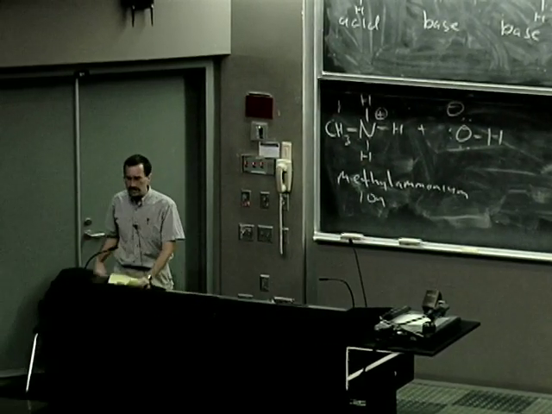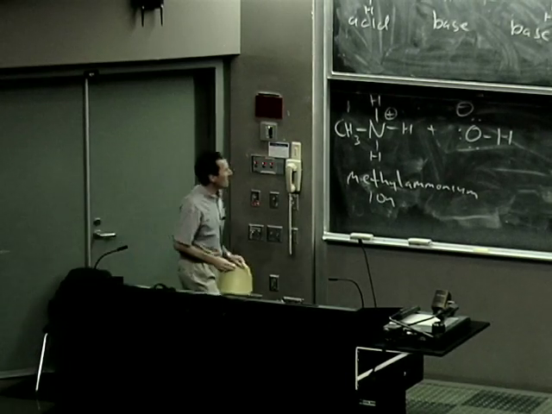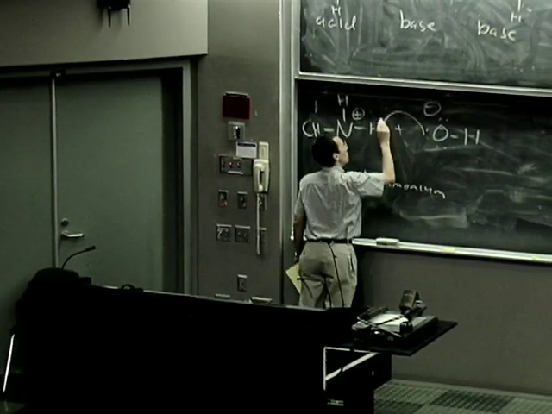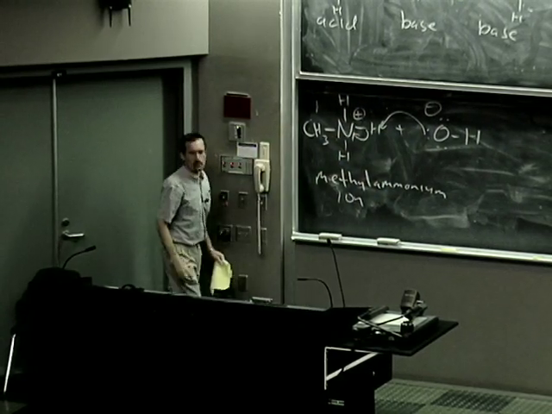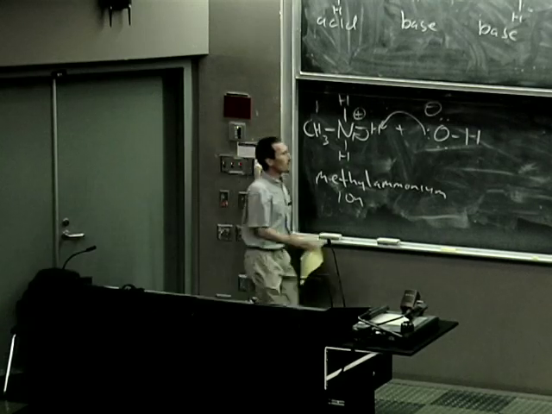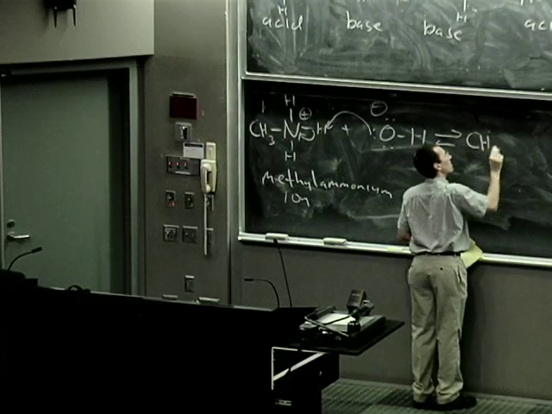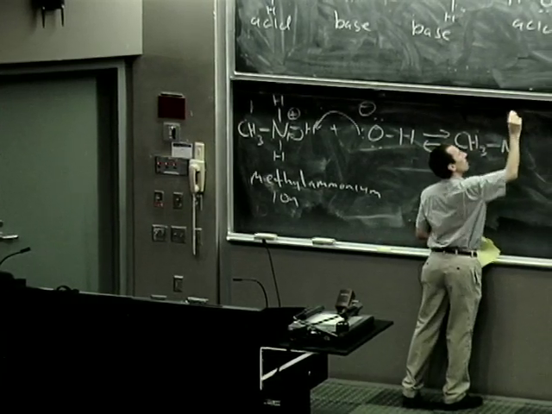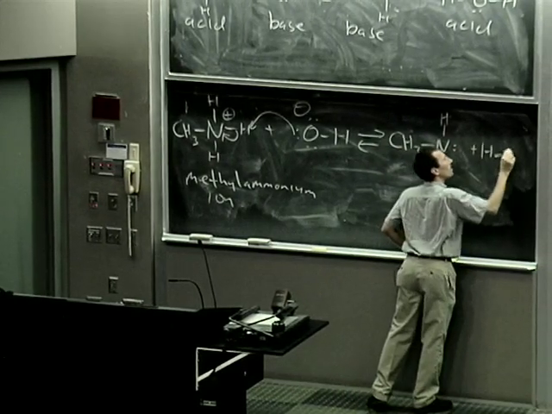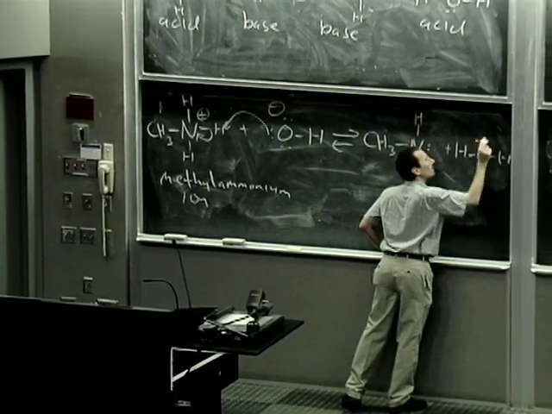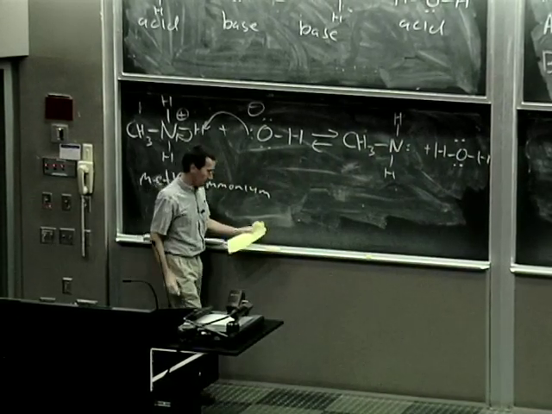Now it should be very easy with all of these examples to predict what hydroxide anion does. Pull the proton off of the methylammonium ion. We push the electrons onto nitrogen. We have an equilibrium. We get water and methylamine.